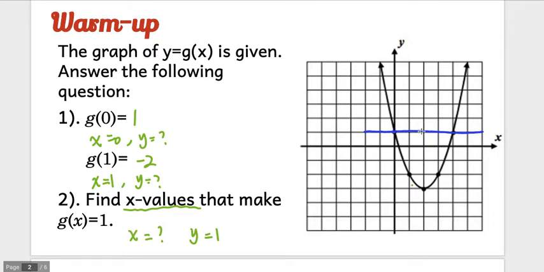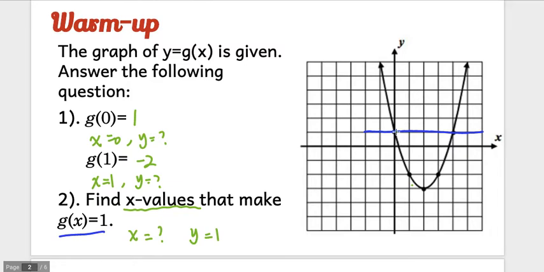So all the y values here are all 1. All I need to check is how many times this line intersects with this graph, then I know how many times the x value can make g of x equal 1.